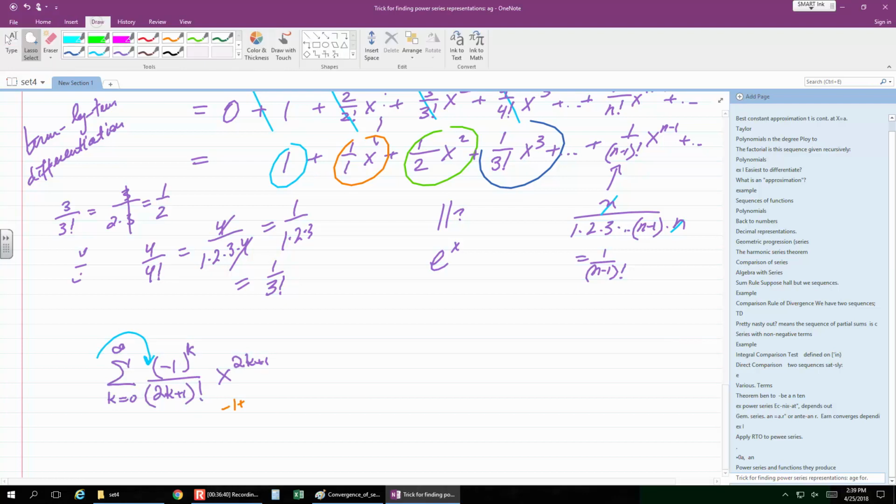Once again, I don't want to go through the whole thing, but you can just imagine what's happening if I start differentiating this term by term. The summation we keep intact. What's going to happen? Let's differentiate. What do we get? I keep this constant multiple rule. This is unaffected. And then what's the derivative of x^(2k+1)?